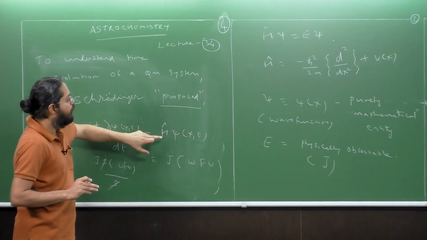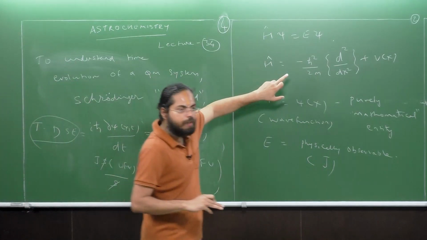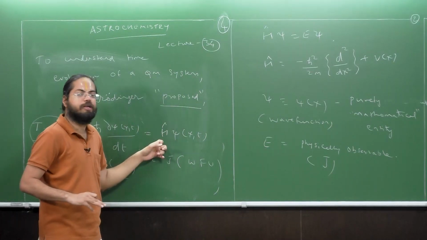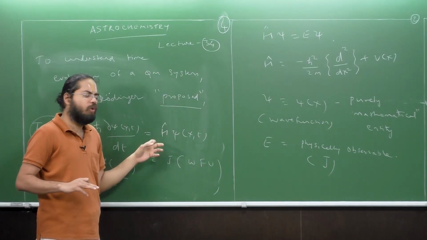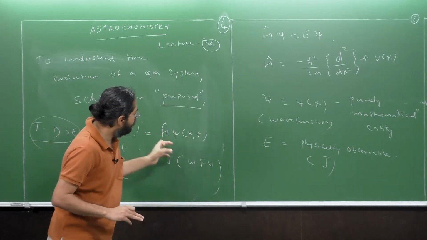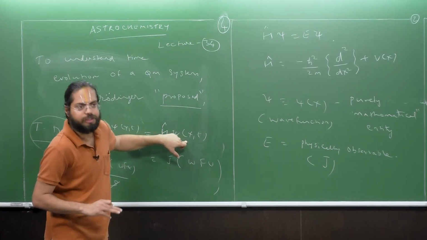But the Hamiltonian itself can be independent of time, as we saw in the time independent case, or the Hamiltonian can also have a time dependence. Depending on whether the Hamiltonian contains the time dependence or not, the form of the wave function is also going to change.